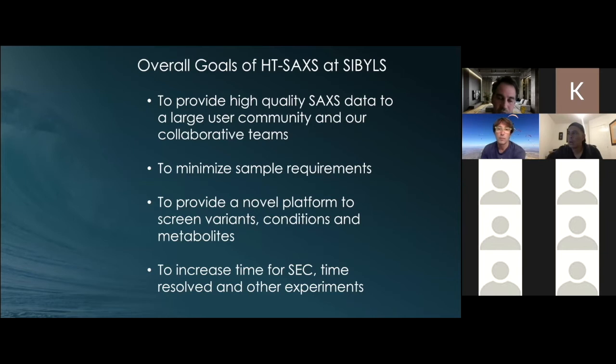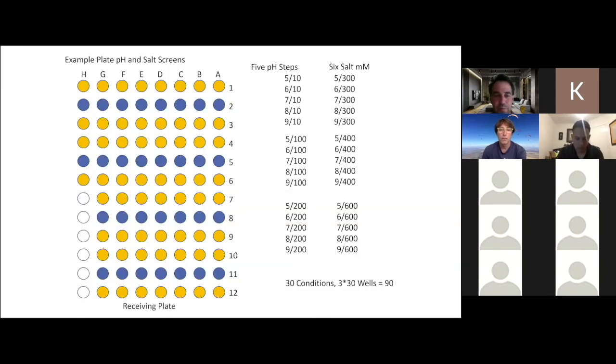And then also a side effect, or actually a pretty important effect for increasing our speed, is that we make time for development of other techniques like SEC or like time resolved stuff, which we have yet to implement at SIBYLS.